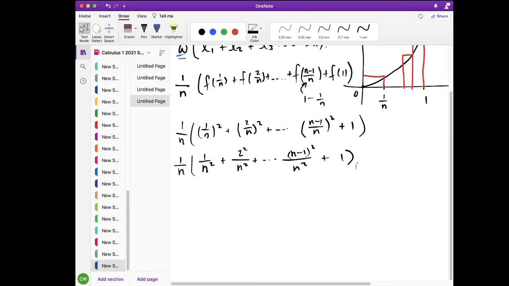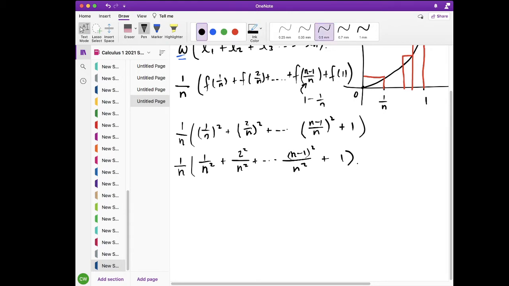Okay, so big question. Is there a term you can factor out in the parentheses? And if not, can you make it so? What term do you want to factor out, first of all? Yeah, you want to factor out a 1 over n squared.